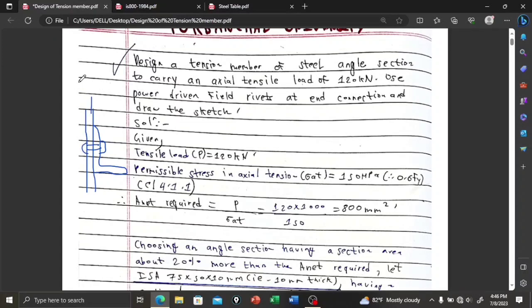This is the gusset plate, and this is the angle section, and this is the rivet.